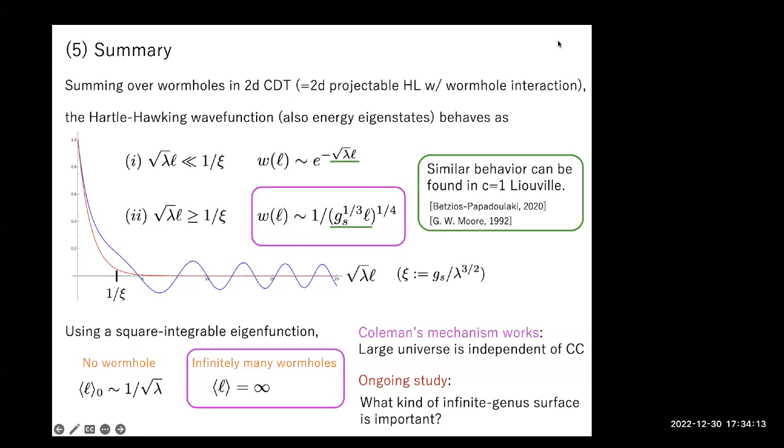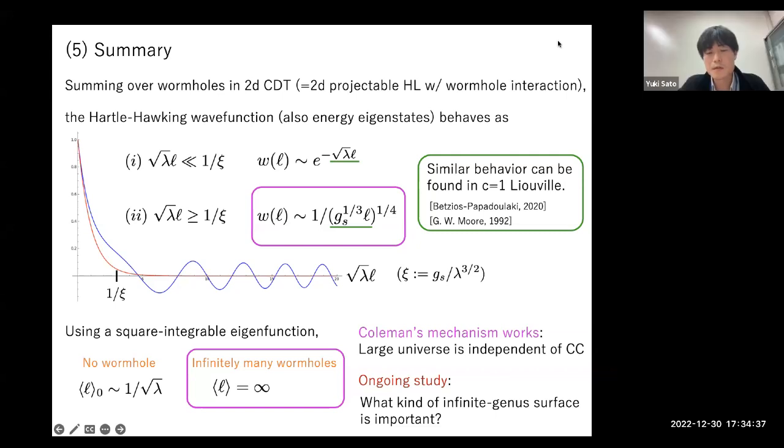Several years ago, I saw a paper by Khalid and Horava and others about some simulation in CDT, in the projectable theory. Have you looked at it, and do you have any comment about that? I think there are several papers. Which one?